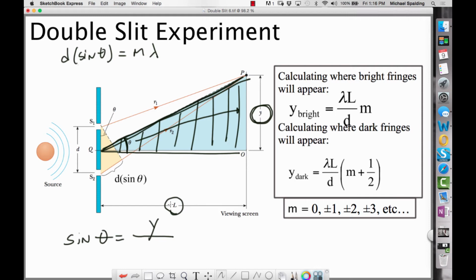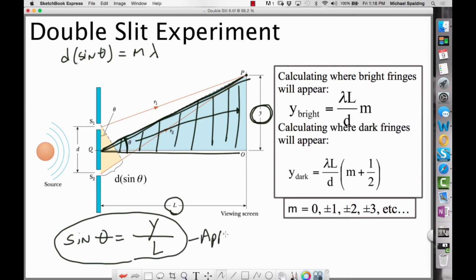Let me get two meter sticks. So look, here is L. This is the distance between the screens, okay? If your hypotenuse is going like that, is there much of a difference? If you have a very small angle, is there much of a difference between the hypotenuse and L? No. So the approximation that we can make is we're going to say sine theta equals y over L.